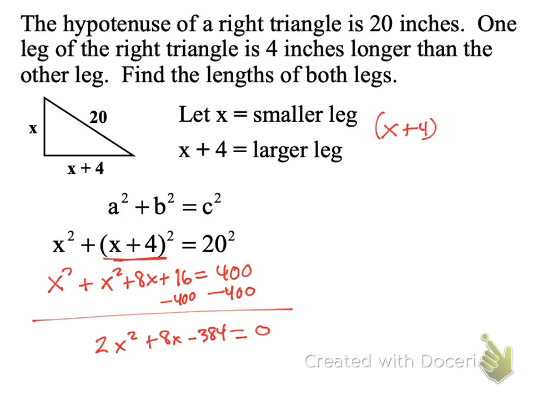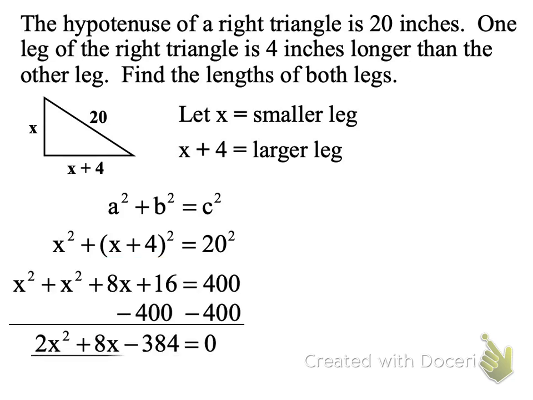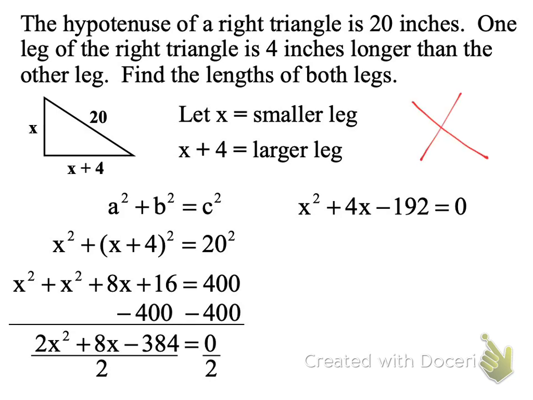What would I do next? Divide everything by 2, and we get x squared plus 4x minus 192. Now, what multiplies to negative 192 and adds to 4?